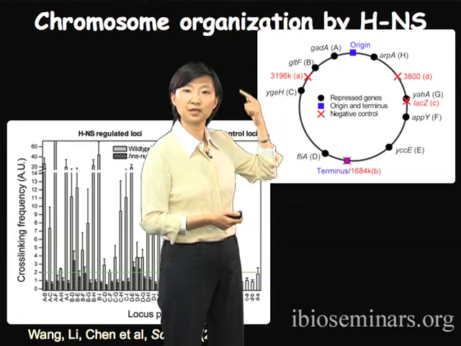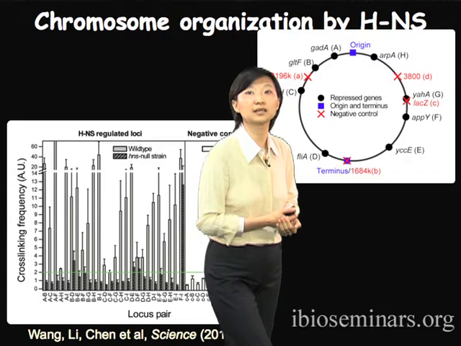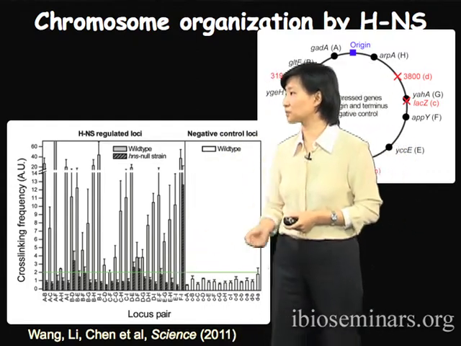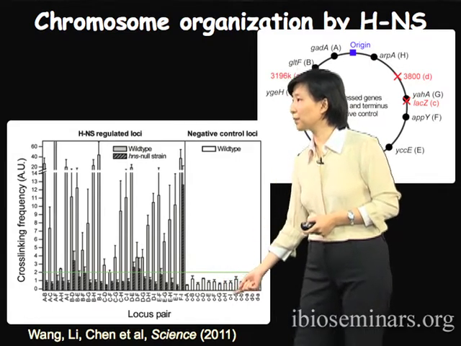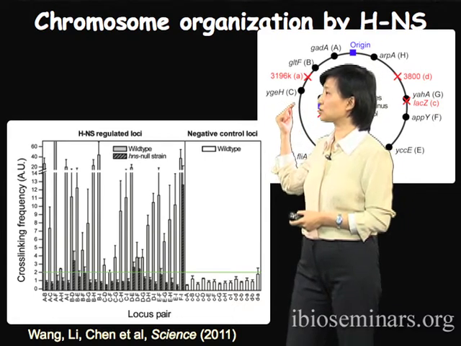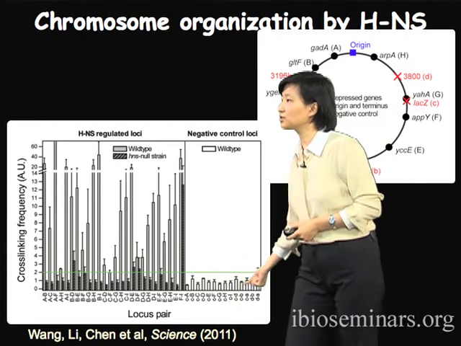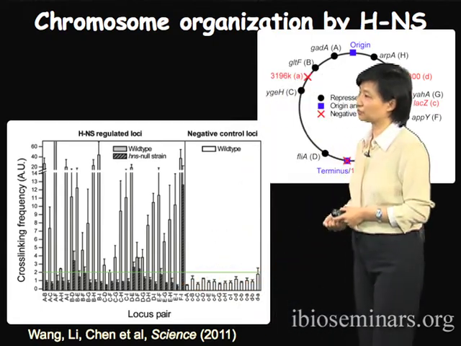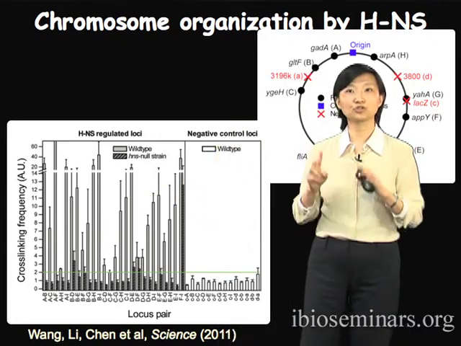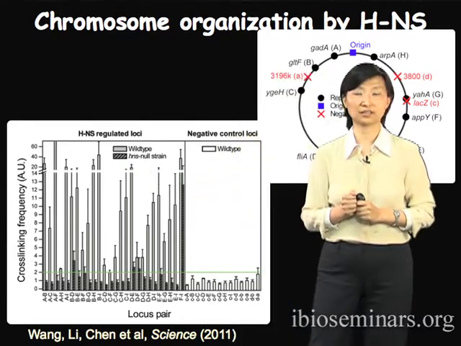Then we probed the pairwise proximity by their cross-linking frequency, or cross-linking efficiency. As you can see on this bar graph, among the control pairs, between the negative control sites or between the control site and an HNS-regulated site, these pairs give very low cross-linking frequency, while in contrast, the pairs formed between 2 HNS-regulated loci give much higher cross-linking efficiency.